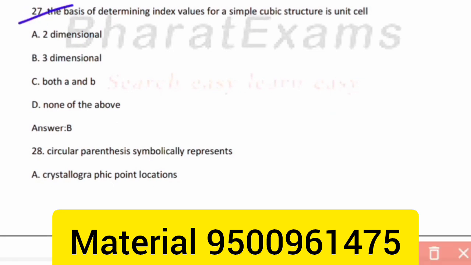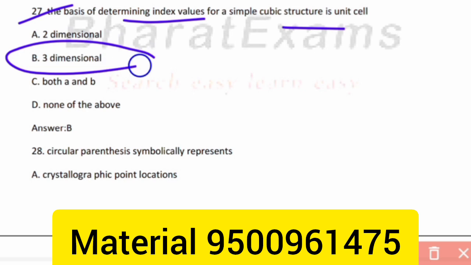The basis of determining index values for a simple cubic structure is the unit cell in three dimensions.